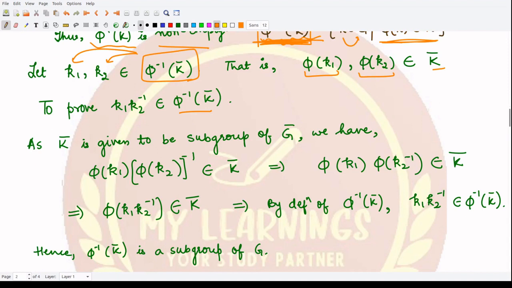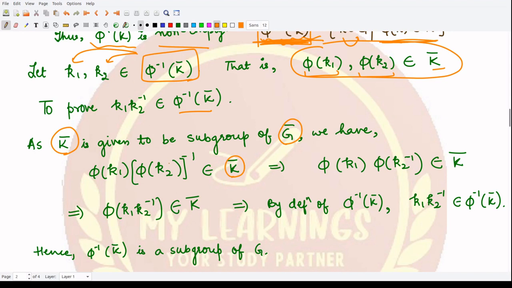Moreover, we'll be making use of these results. If both phi of k1 and phi of k2 are present in K̄, and K̄ is given to be a subgroup of Ḡ, then phi of k1 times phi of k2 inverse should also be present in K̄ by the one-step subgroup test.